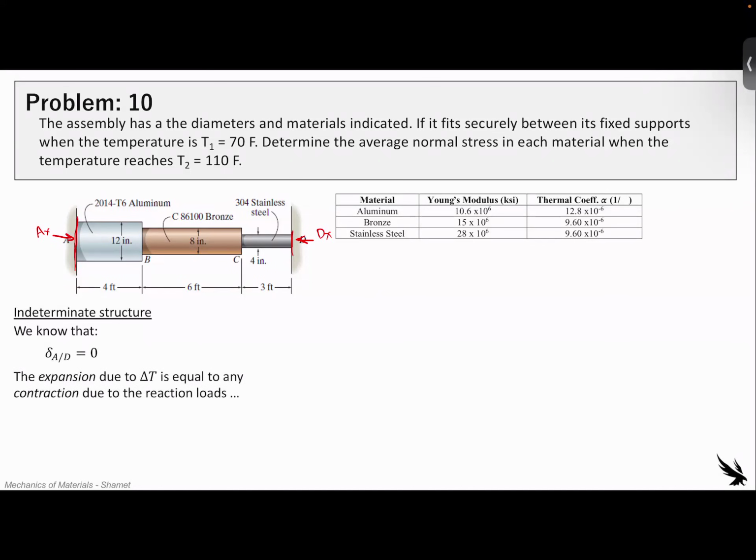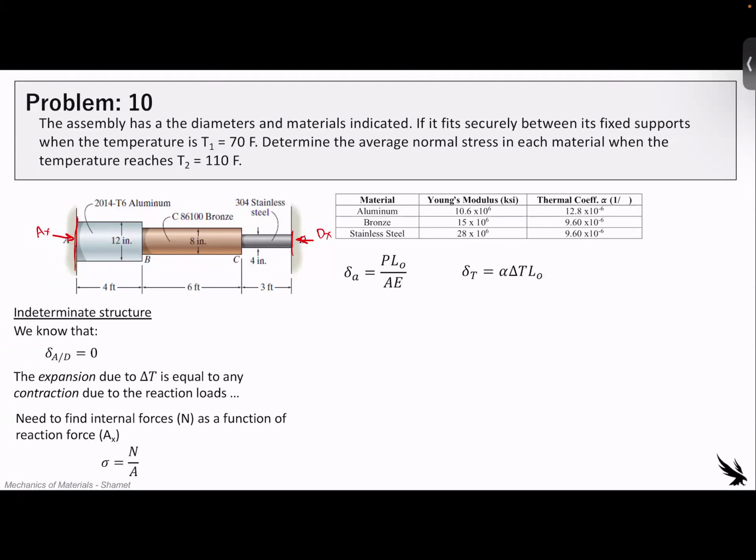So that means that the expansion due to the change in temperature is going to be equal to any contraction due to the reaction loads. So that's where this superposition comes from. So what we need to do is find the internal forces as a function of the reaction force. Choose one, AX or DX. And remember, there's no external loads, but the external load, a fire, I guess you could say, is the thermal expansion.